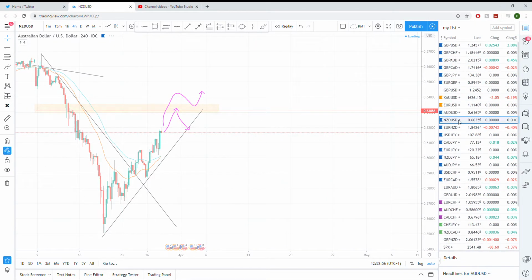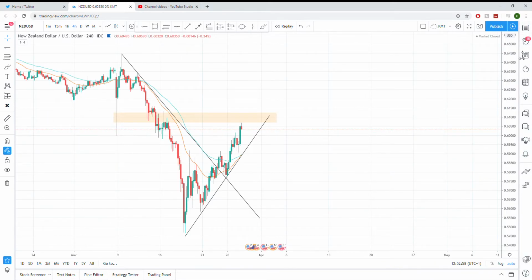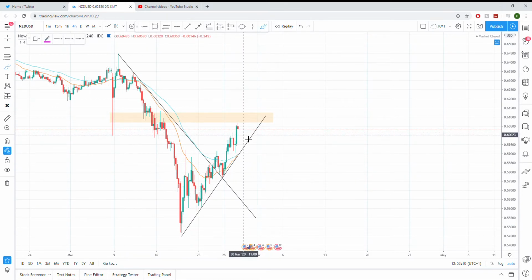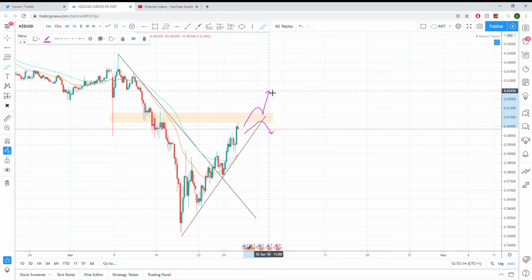Okay. So moving on to New Zealand dollar, US dollar. Again, you can notice the similar patterns here with the pair and then the US dollar afterwards. They all kind of look the same. So again, looking for either if the zone's going to reject or if we're going to push higher.